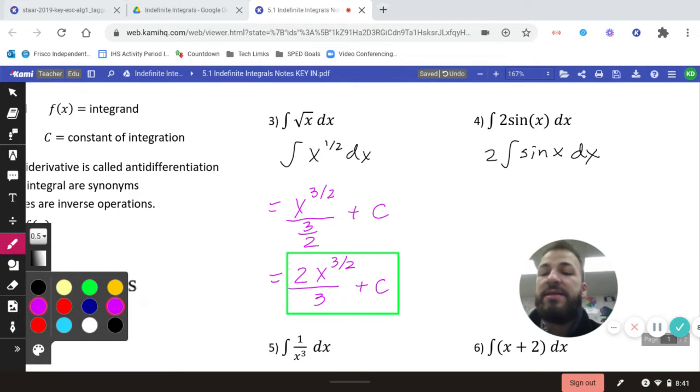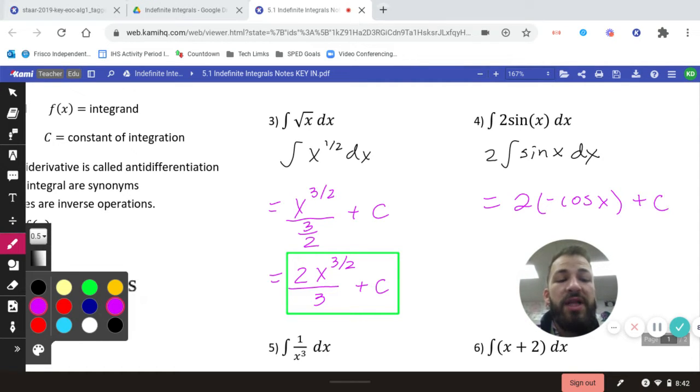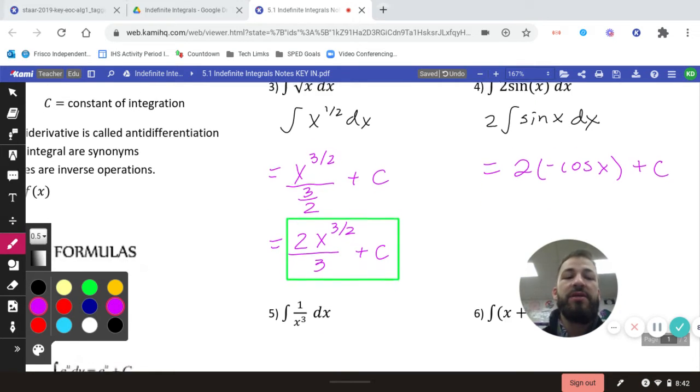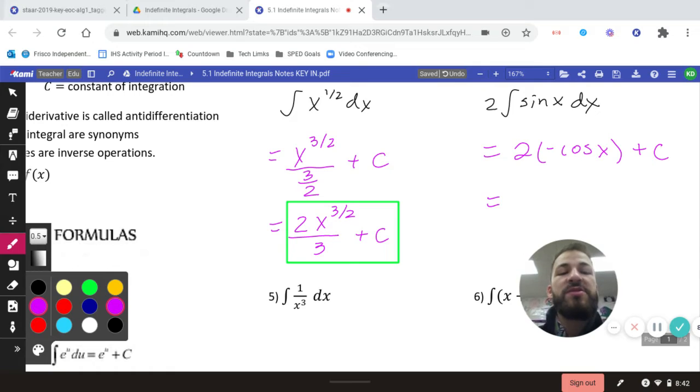So this is 2 times negative cosine of x plus c. Notice how I don't have 2 times the plus c. Plus c is kind of like this enigma. We just tack it on to the end of the function. It's not stuck in the middle of the function. So for my final answer, this would just be negative 2 cosine of x plus c.